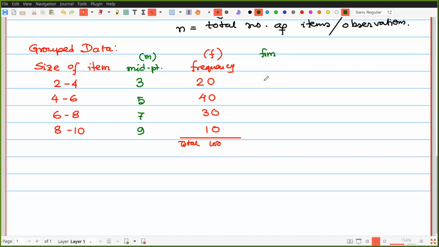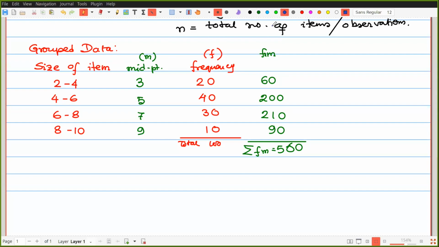So F into M, that means 20 into 3, that is 60. 5 into 40, that is 200. 7 into 30, that is 210. 9 into 10, that is 90. So find out the total FM. That one is equal to 560.